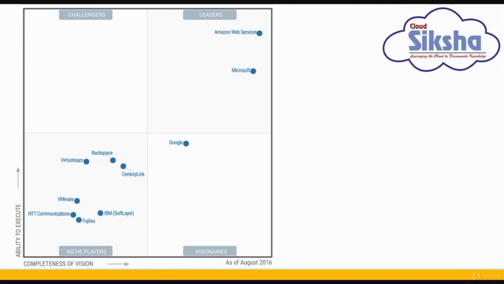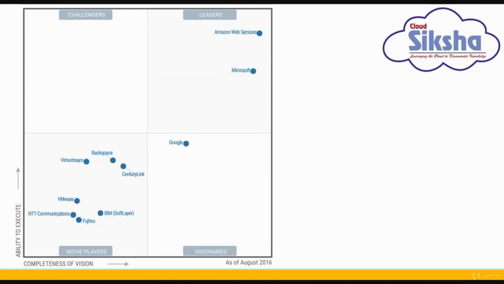So if you are good in both the cases, you become a leader. In this quadrant, called the leader quadrant, you will see on the top Amazon Web Services. In fact, there are only two companies in this quadrant, that is AWS and Microsoft.